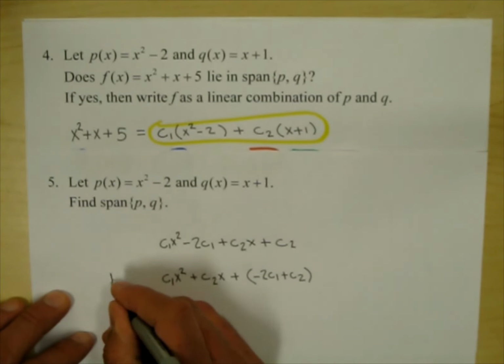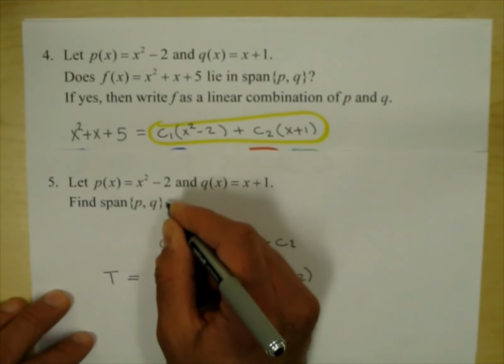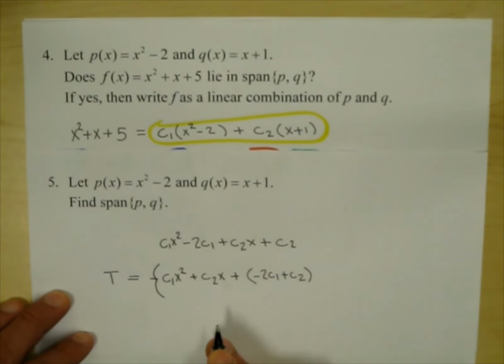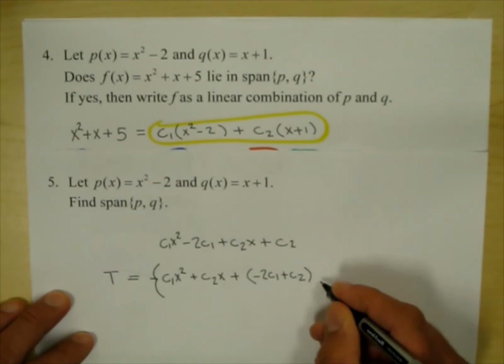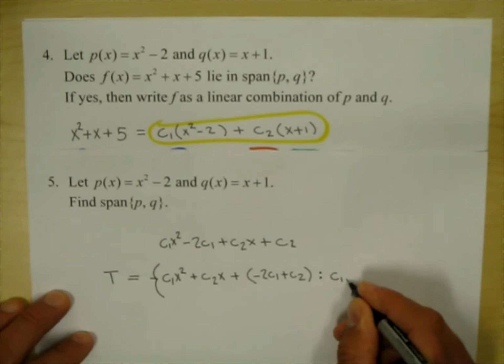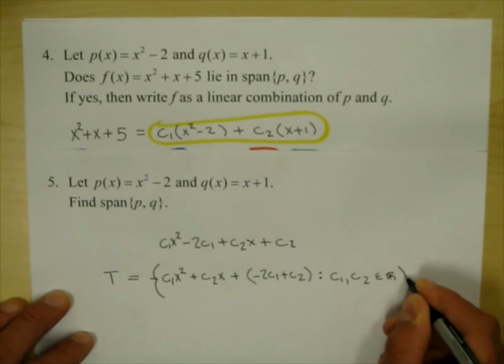And so our span, because they're asking us to find the span, we can say that this is really T, the set of all those polynomials such that C1 and C2 are elements of the real numbers.